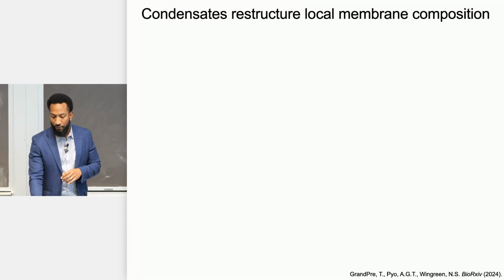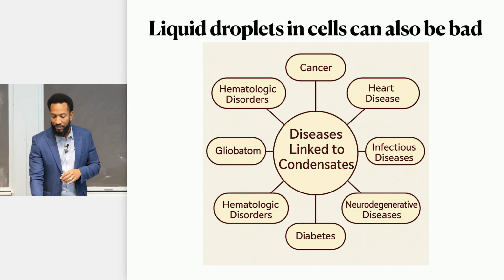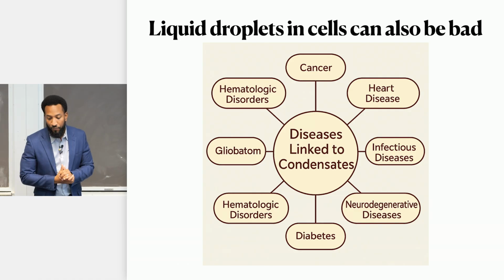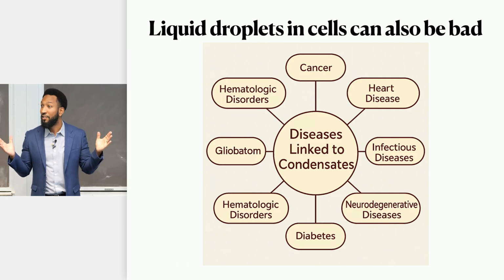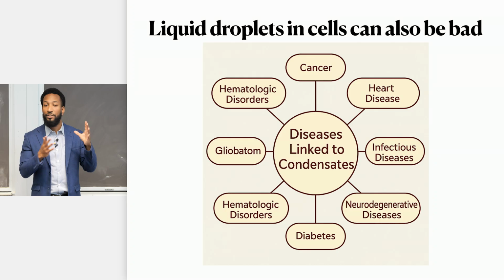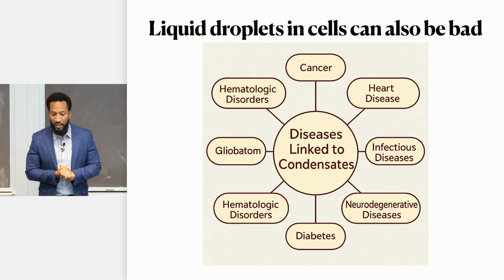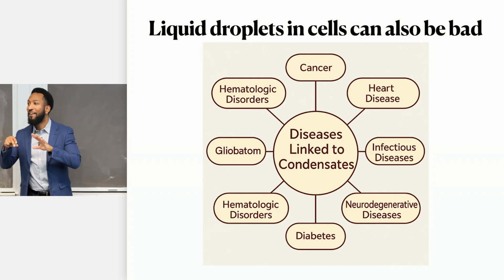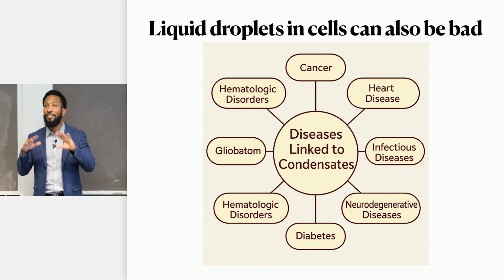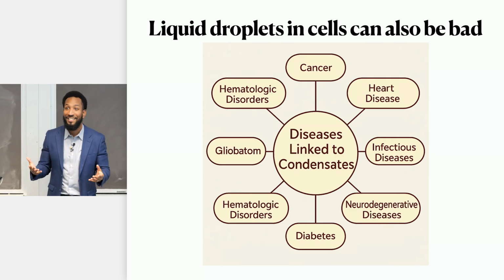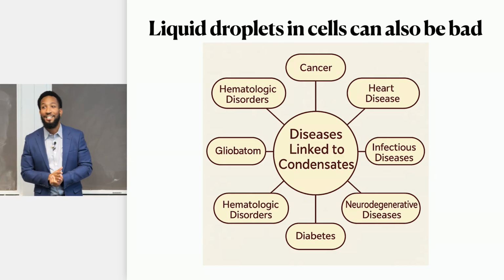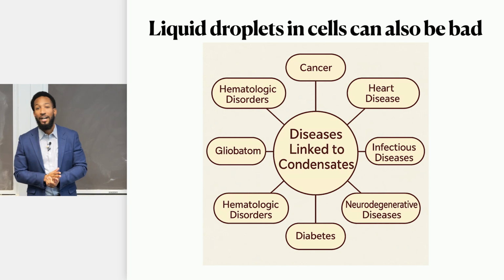Okay, so from that, I also wanted to mention a few more things. That was just one example. There are many other examples of droplets, but I thought I would just show you one. I've talked to you so far about how liquid droplets are good and important. But in fact, there are a lot of droplets that are not good and you don't want them.